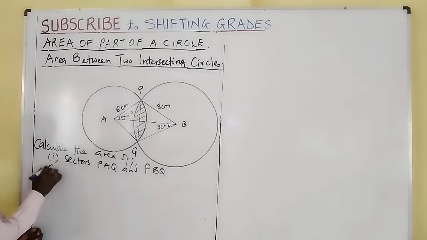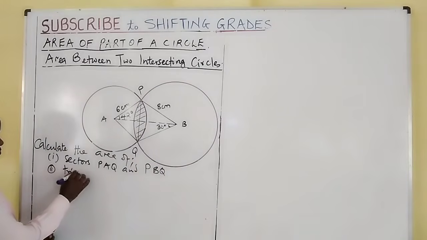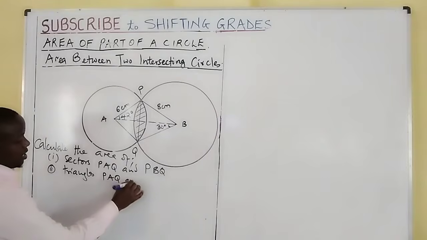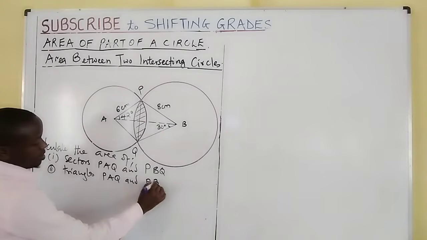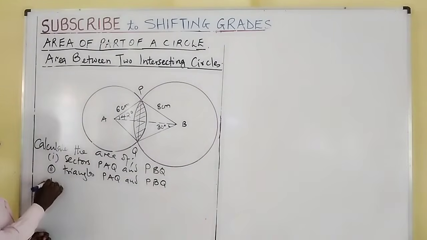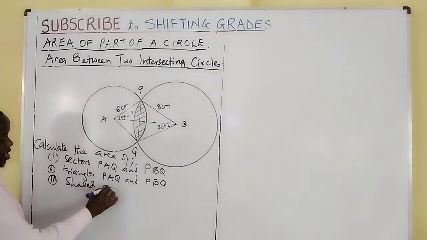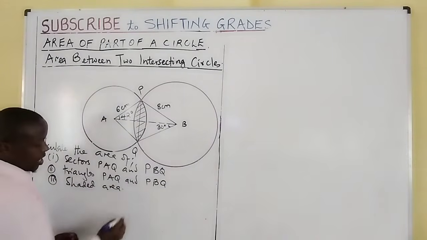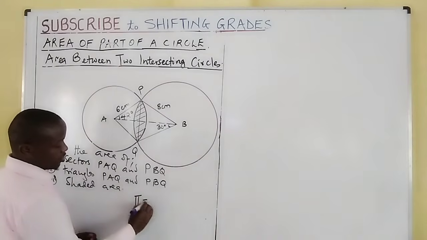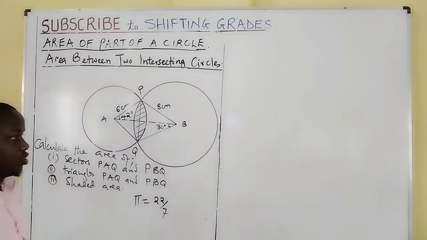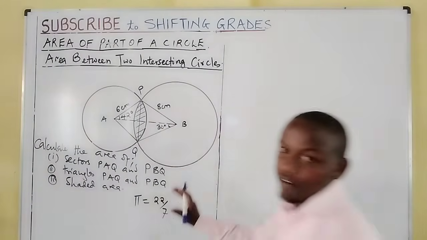Also calculate the area of triangles PAQ and PBQ, and lastly calculate the shaded area. Then we are told to take pi as 22 divided by 7. Therefore, this is the question.